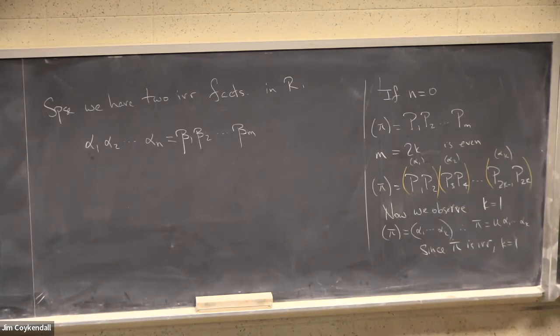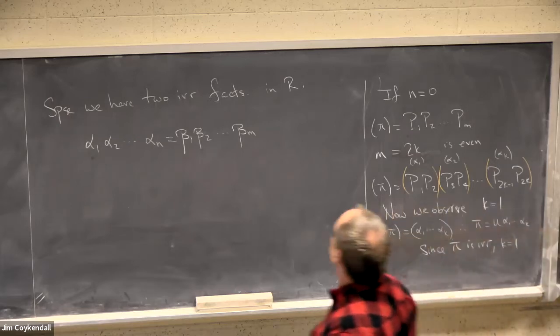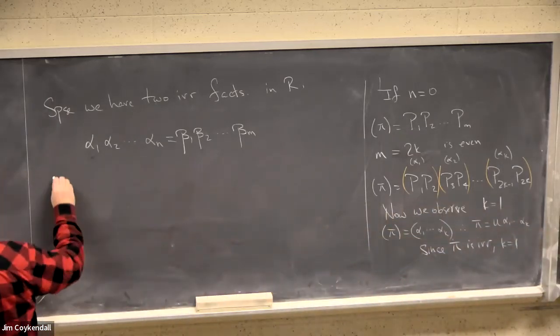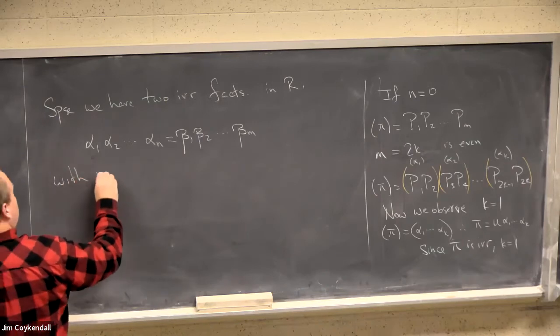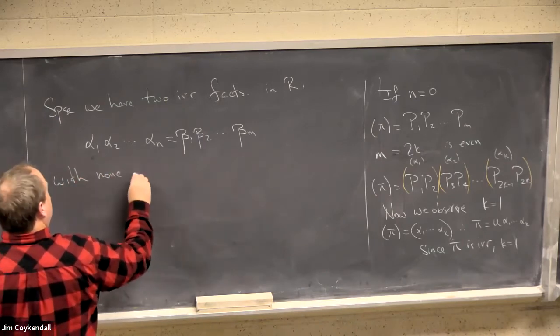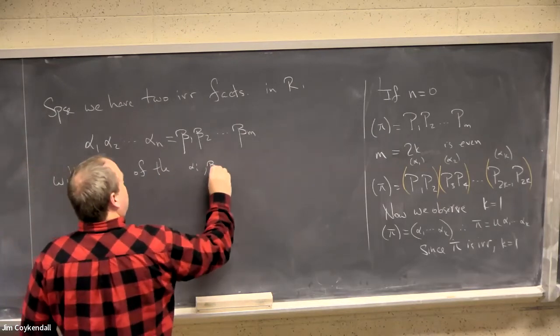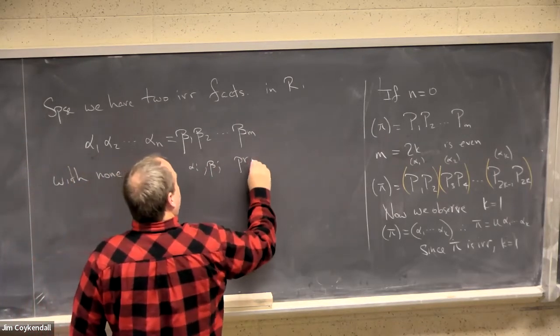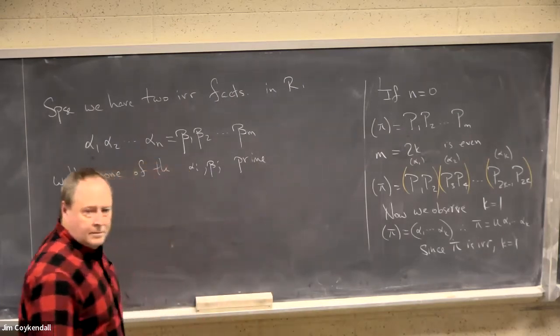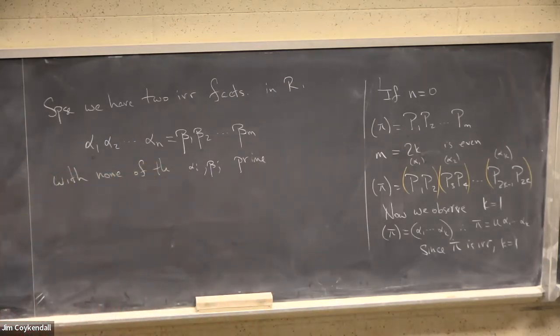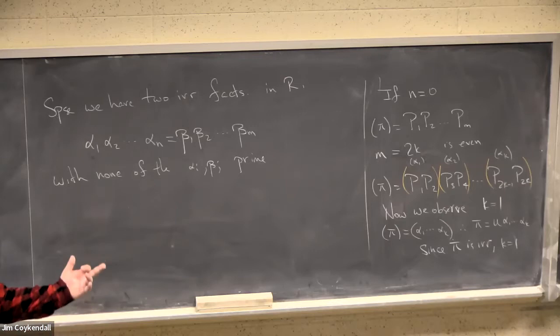So let's just assume that none of these are prime, right? Because that's not adding. So this is sort of like taking a reduced fraction. We were already assuming that we reduced it. So, right?